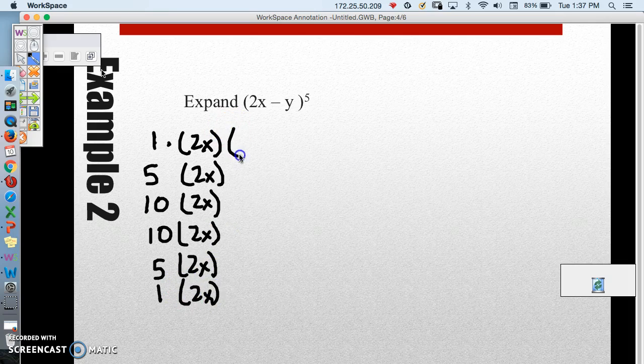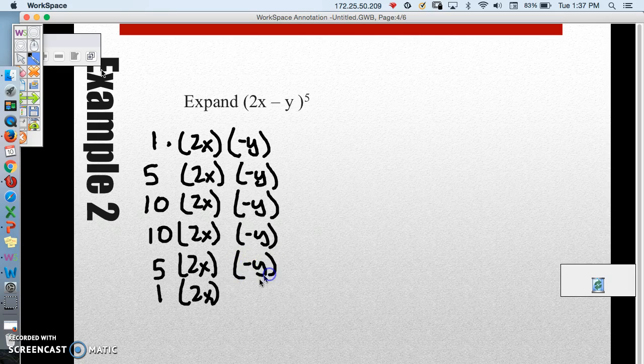And then we have, it's not just a y, it's a negative y. So it's to the 5th. So this starts 5, 4, 3, 2, 1, 0. This one goes 0, 1, 2, 3, 4, 5.